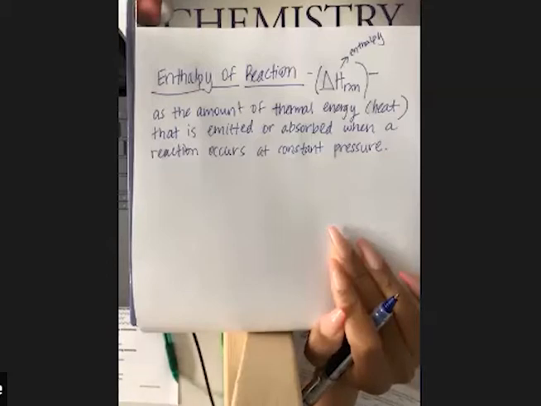So it's basically saying that when we run a chemical reaction, how much heat is either given off or being absorbed by that reaction.